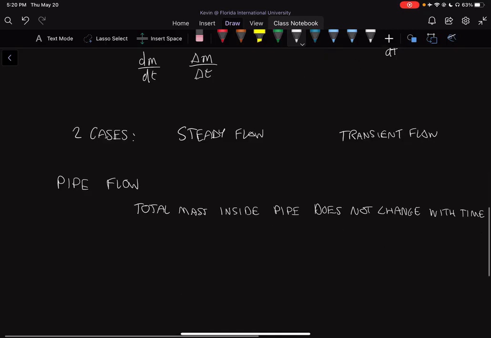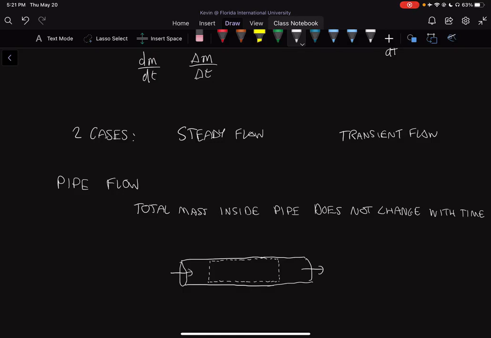So if we have flow through a pipe, okay, we have a pipe, and our flow through the pipe goes through a control volume that we define, we can essentially say that if the mass flow rate in is constant and the mass flow rate out is constant, then it means that the mass inside this control volume is always the same.